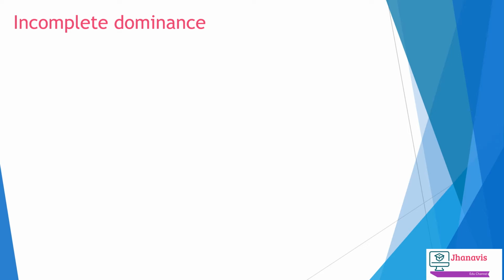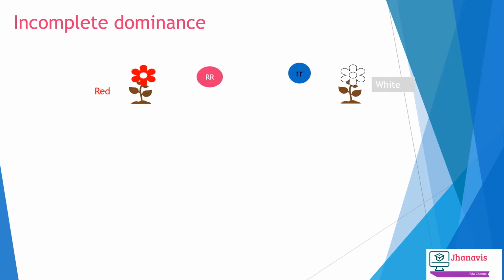Incomplete dominance. In incomplete dominance, we are taking an example of a pea plant with red color flower and white color flower. The allelic representation will be capital R capital R for red color and small r small r for the white color plants.